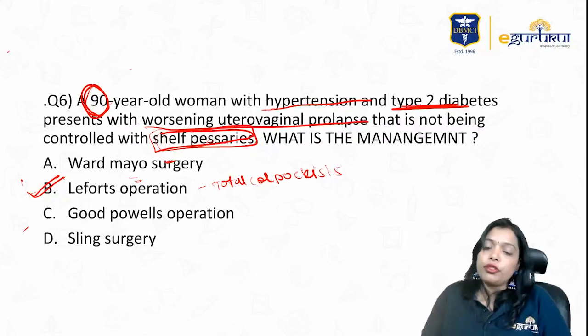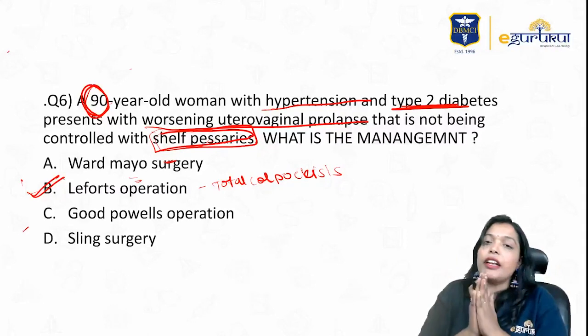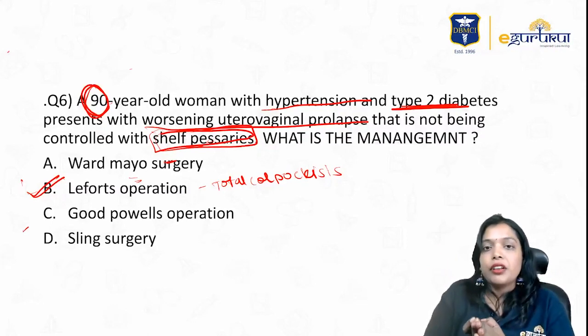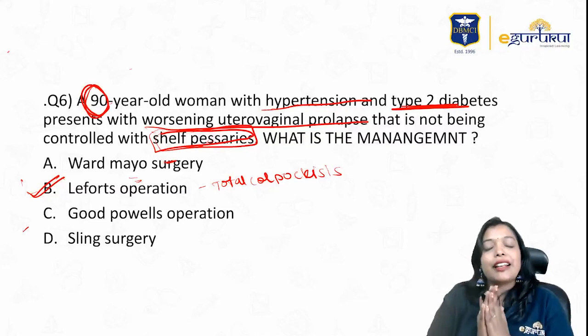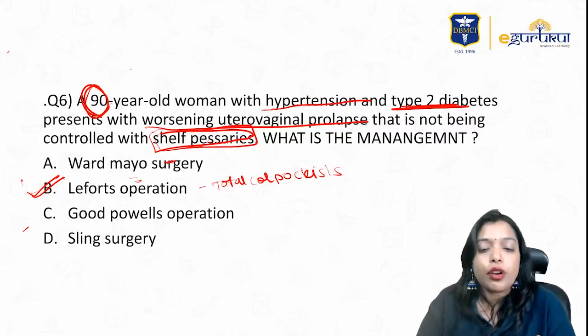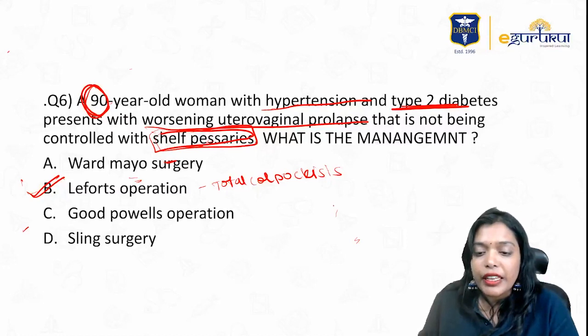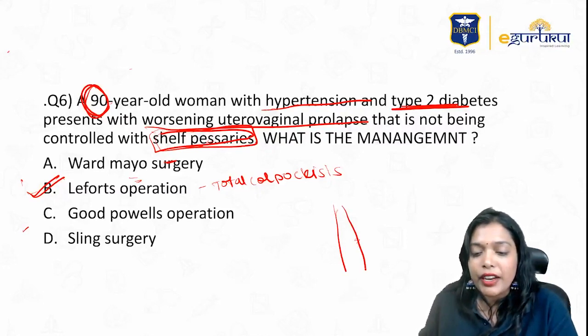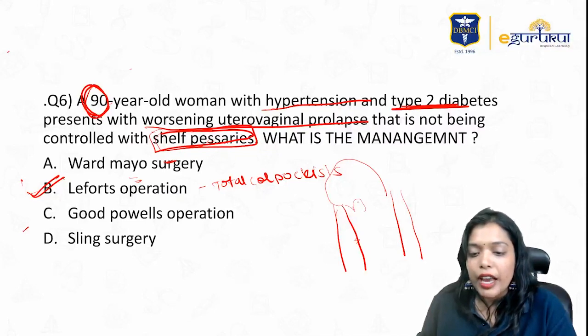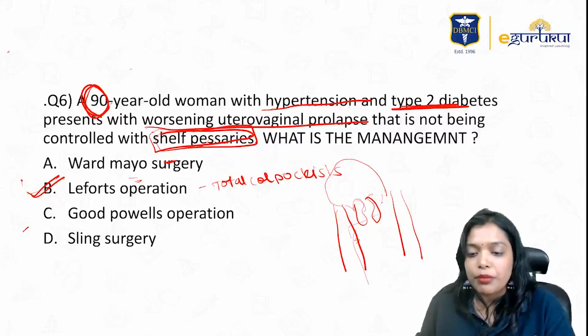What we do here is we push the uterus inside and we obliterate the anterior and posterior walls of the vagina, right? So in Le Fort's operation, we leave little gaps on either side of the vagina so that any secretions from the uterus can come out through these gaps.